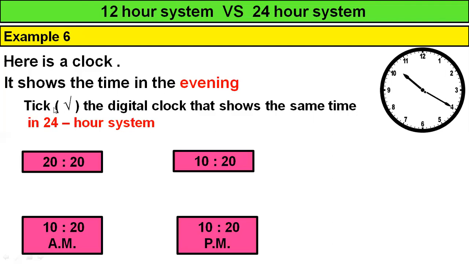Now, we need to take the digital clock that shows the same time in the 24-hour system. Since that time is in the evening and in the 24-hour system, do we show AM or PM? Of course not.